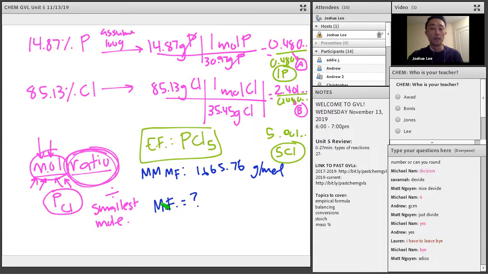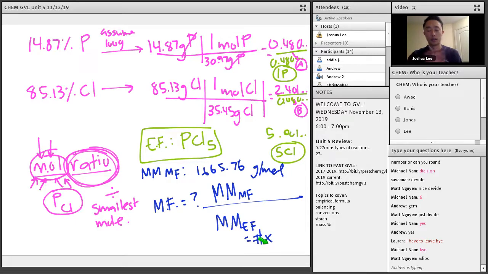So in order to do that, we compare their masses. We see, okay, how much bigger is it? So what you have to do is the molar mass of the molecular formula divided by the molar mass of your empirical formula. This number will give you how many times bigger your molecular formula is. So molecular formula should always be given.